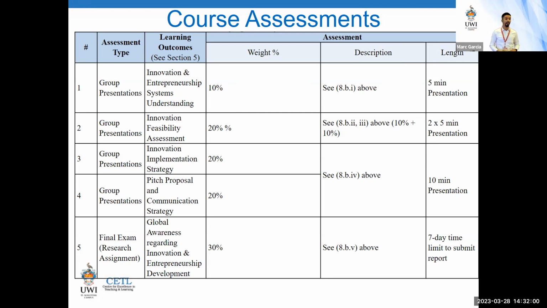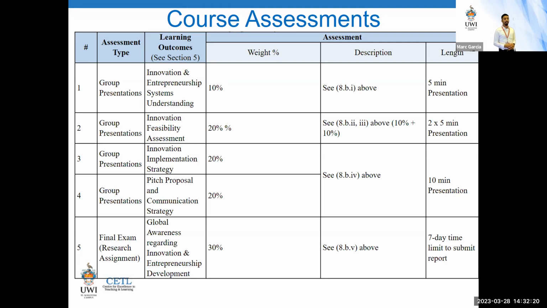And then we have the final exam, which is 30%. And it's a 7-day time limit to submit a report. So it's, I guess, an online, perhaps an open book sort of thing. But what I want to bring attention to is the weighting of it.